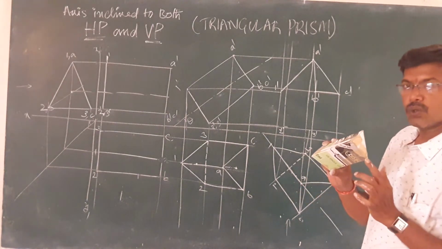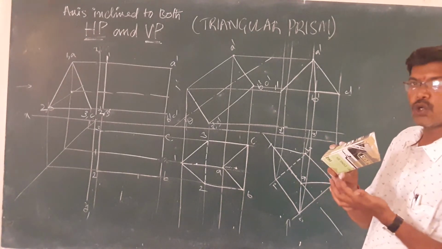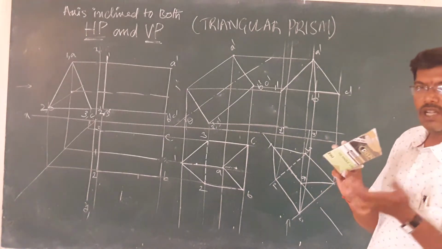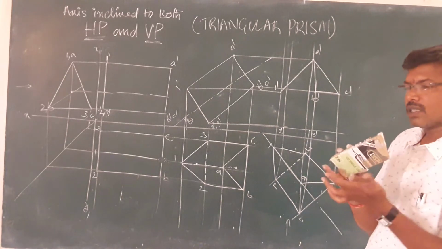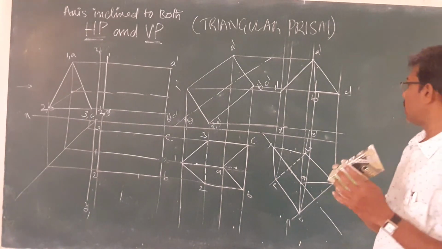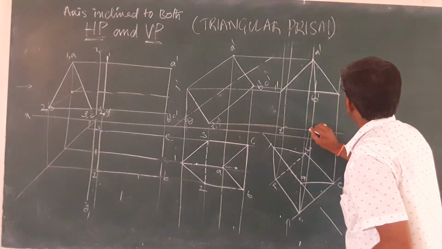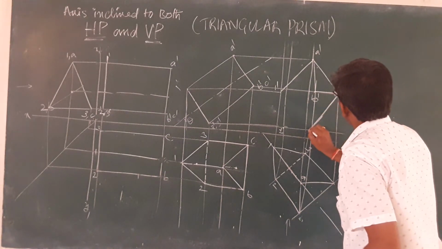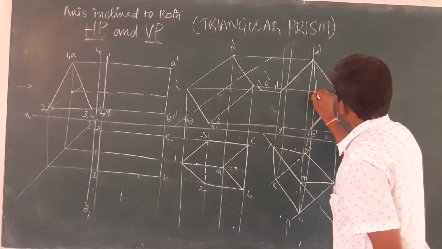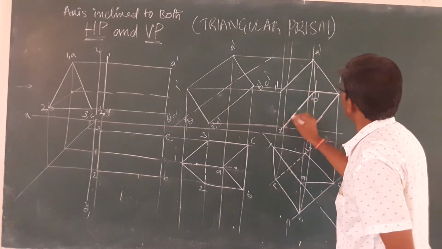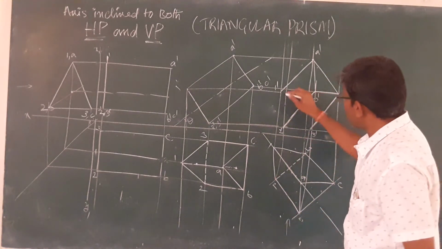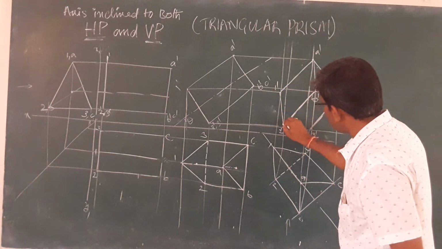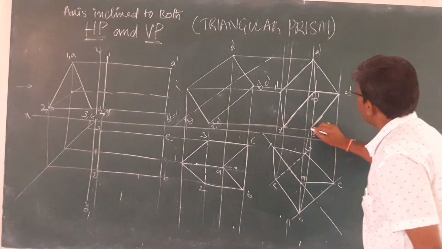Okay, this one is B, and this one is 2. So 2B is also visible, 3C is also visible. So right. Now I'll draw 3C and I'll draw B2. Okay, then next I'll draw 1, 2 also. Okay, and I'll complete this picture.